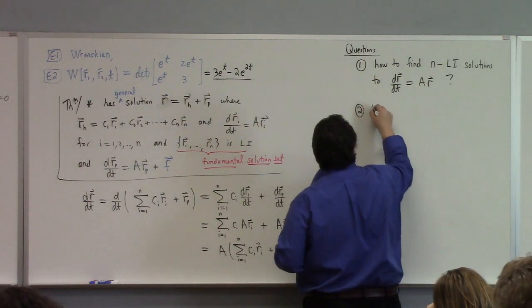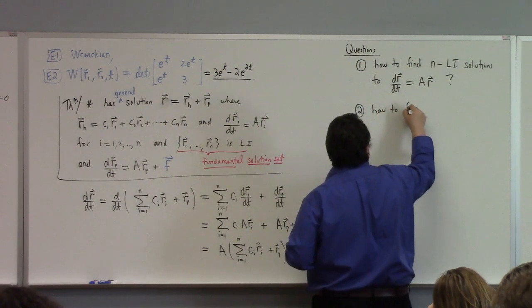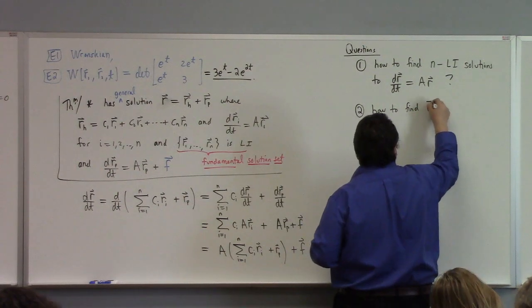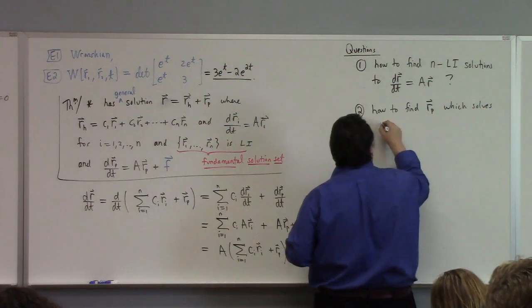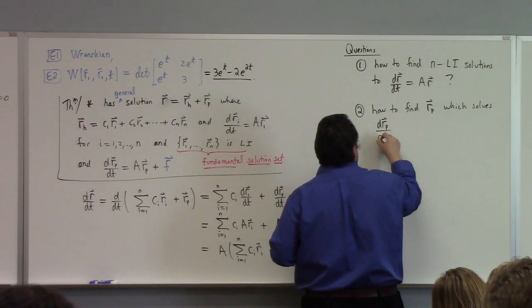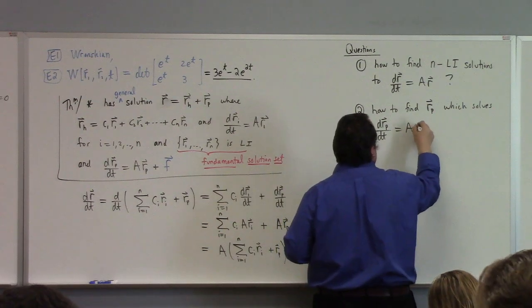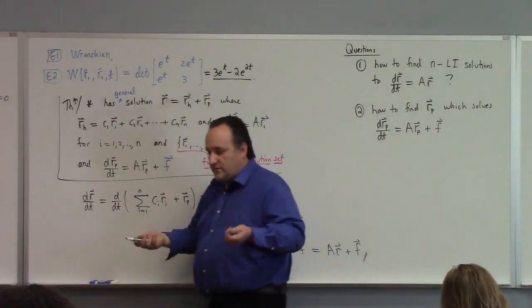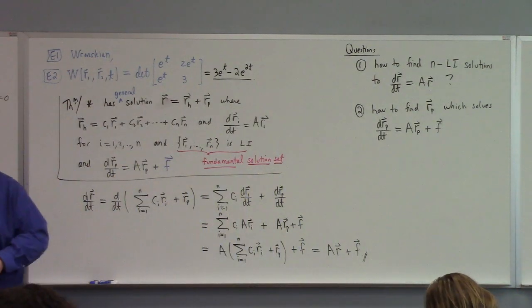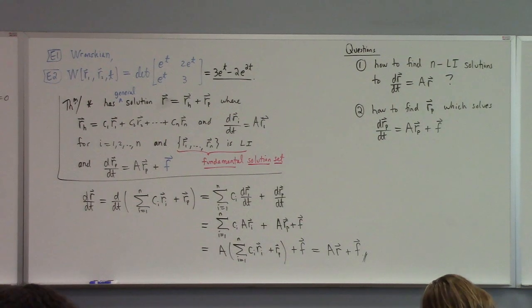And number two, how to find the particular solution which solves dRp/dt is equal to A times Rp plus F, all right? Once we achieve those two goals, then we've found the general solution and we can solve any linear system, all right? Now, we're not going to look at the particular solution question today. We put that off for later, just like we did before. First, we solve the homogeneous problem. Then later, we solve the particular solution problem.